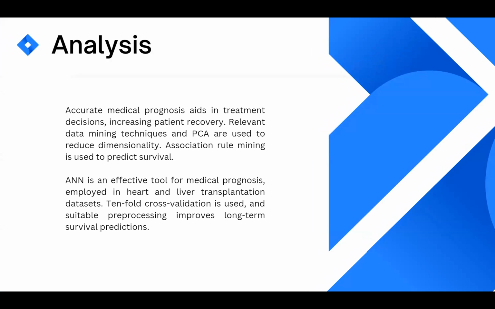Accurate medical prognosis improves patients' recovery using data mining techniques, PCA, and association rule mining. ANN is used in heart and liver transplantation dataset with 10-fold cross-validation and pre-processing to enhance long-term survival predictions.